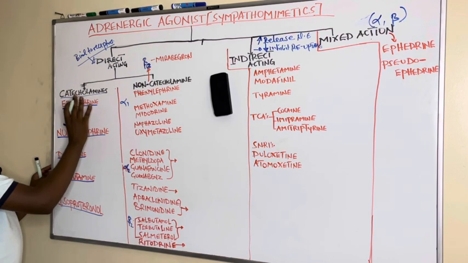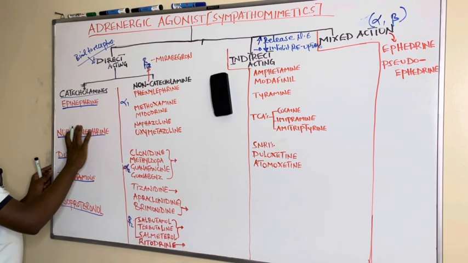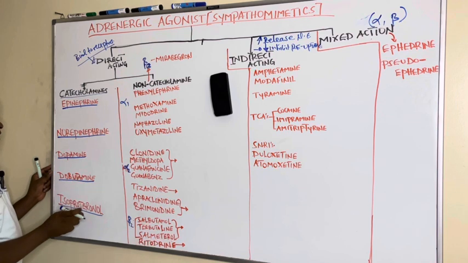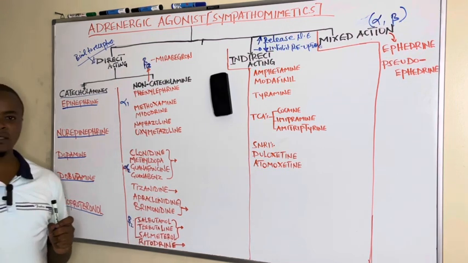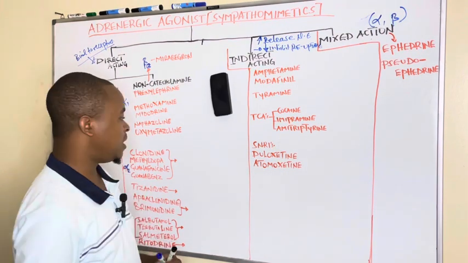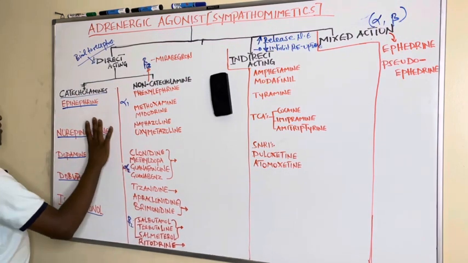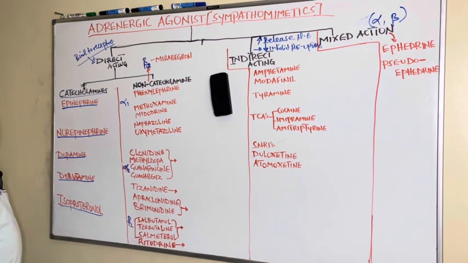Among the catecholamines, the first three are endogenous, whereas the last two are exogenous catecholamines, meaning these ones are synthesized, whereas the first three are found in the body.